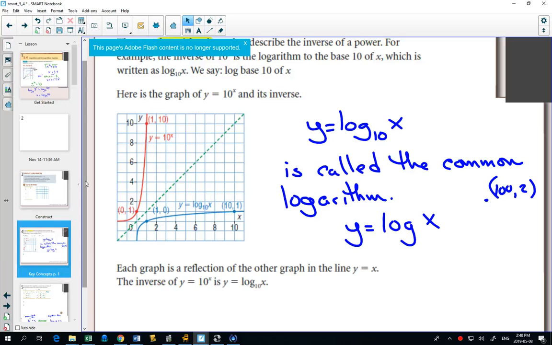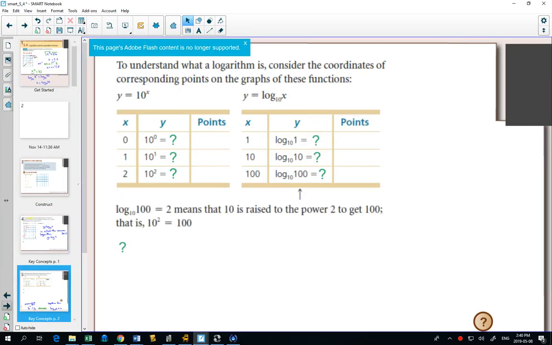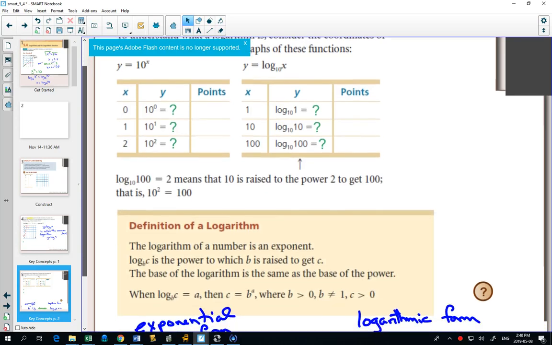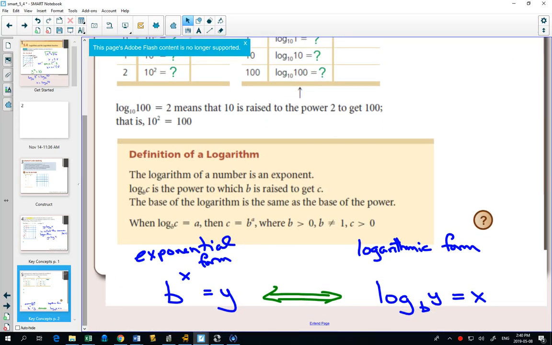So at the bottom of your page, we have a definition of a logarithm, and I'd like you to write this out underneath. You can take anything in exponential form and rewrite it in logarithmic form. This is what the definition of a log is. That green arrow means that those two things are equivalent.